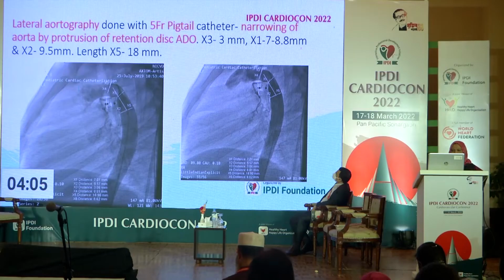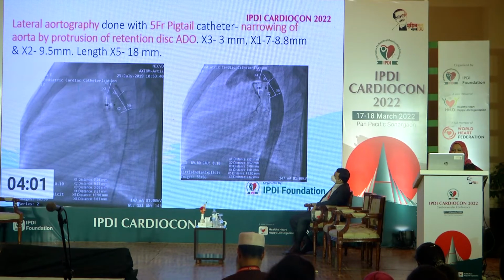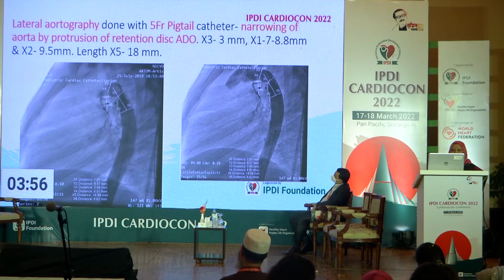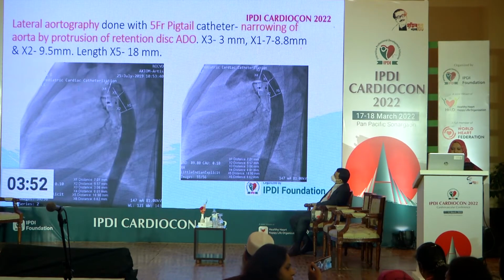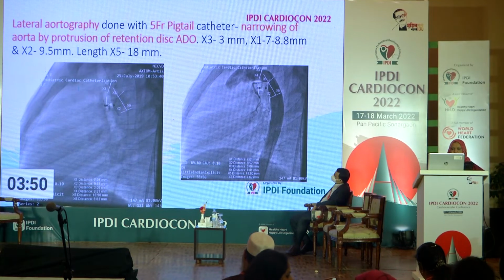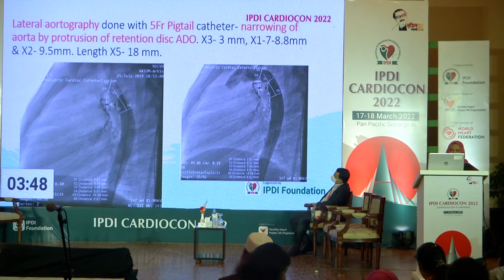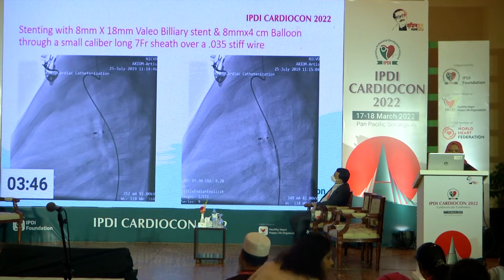Some measurement was done here. This narrow segment was 3.3 millimeter opposite the duct occluder, and proximal and distal measurements were taken, and the length of the narrow segment was taken for determination of the site, diameter, and length of the stent.